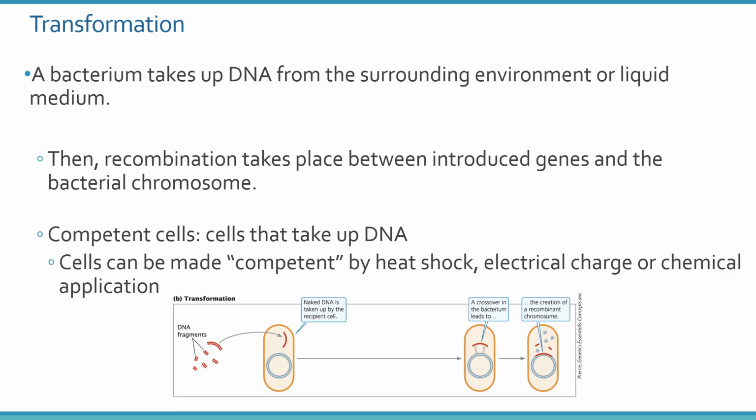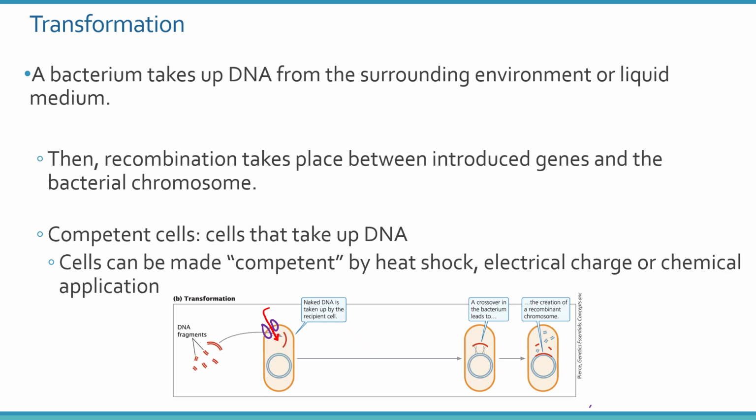Basically what you're doing is relaxing the membrane and then tricking the cell into wanting to take this DNA in. Our textbook doesn't go into it, but in order for the cell to take up a piece of DNA, it actually has to have a little protein on the edges of its cell wall and plasma membrane that is going to open up and actually pull in that DNA.